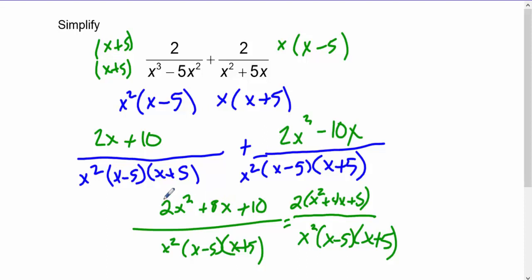But as far as I'm concerned, it's good to go through that exercise, factor it out as far as it'll go, and see if there is anything in the numerator now, factor-wise, that reduces with the denominator. It doesn't in this case. You could leave this as an answer, or you can leave this as an answer. It doesn't matter. But again, I would go through that exercise of factoring completely the numerator out once you're done.